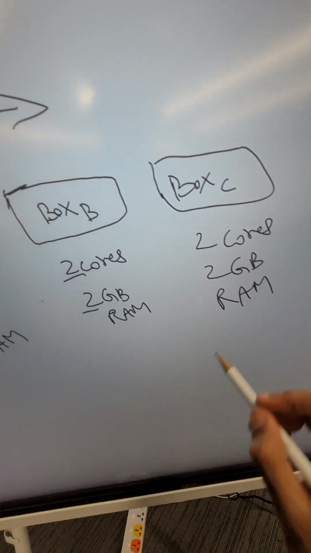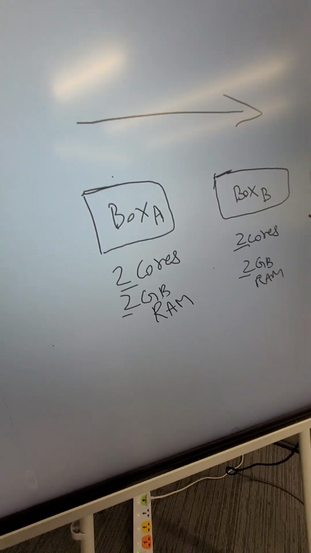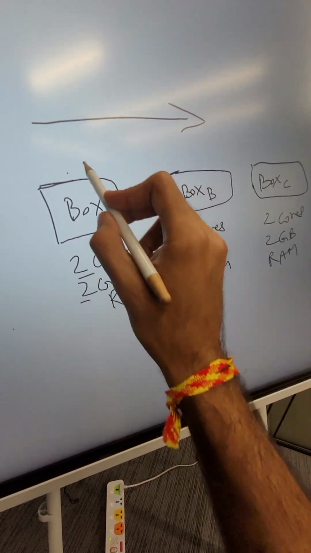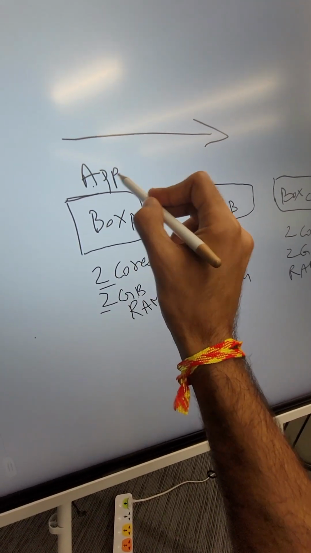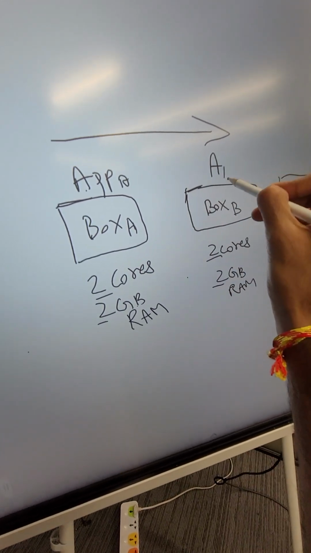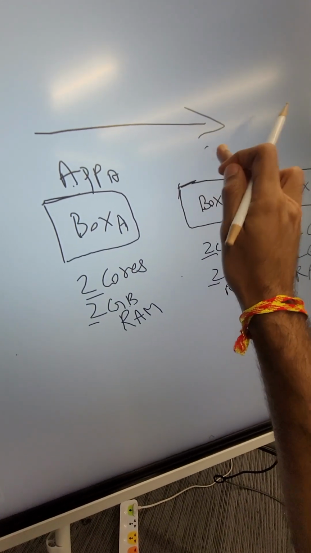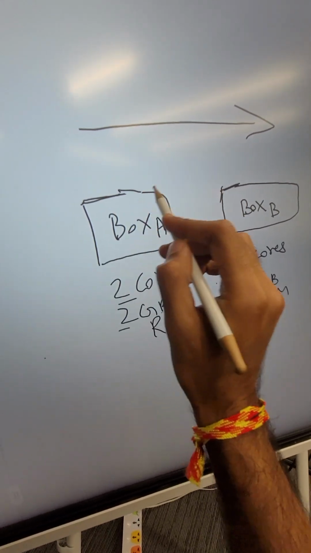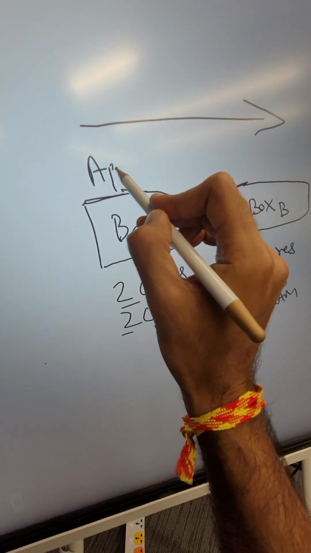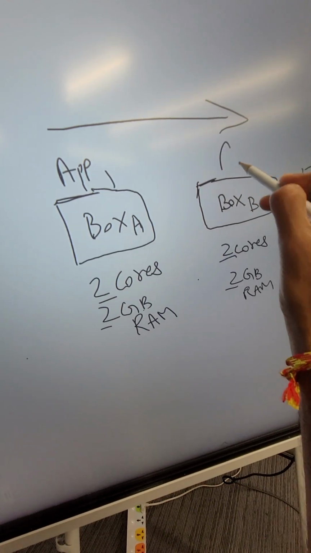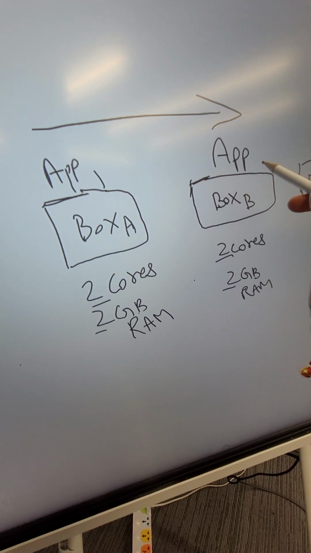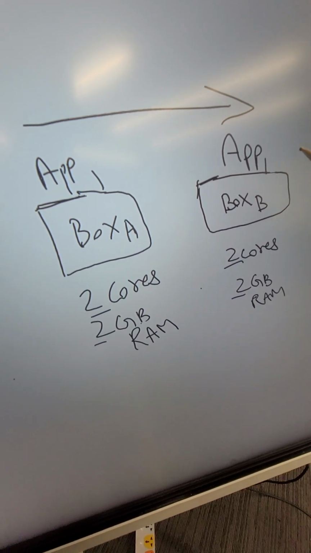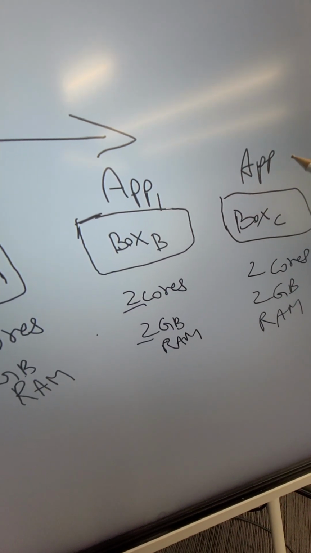One thing to note over here is your application has to support this, wherein your application can run in multiple instances. Your app will run 3 instances, in this case app 1, and this is also app 1, but another instance of app 1, and then app 1, right?